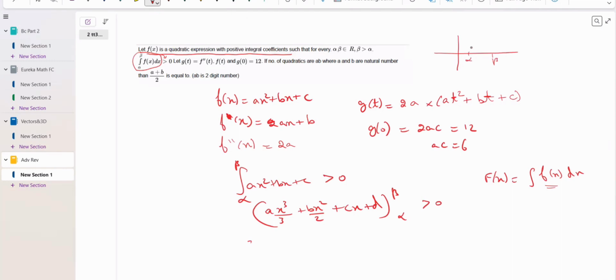Did they mention alpha and beta as roots? No, they're just two point values.